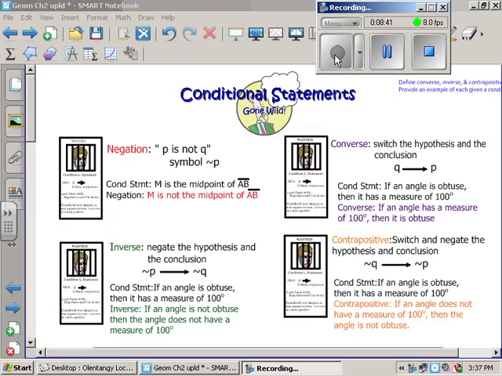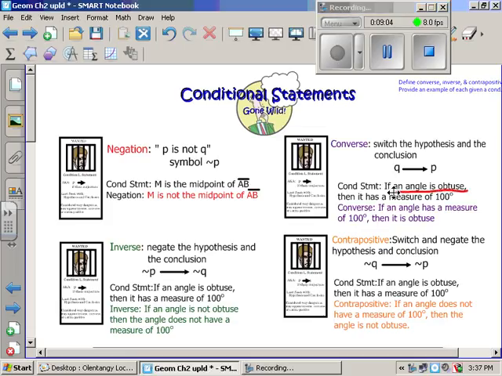Converse is when you take the hypothesis and make it the conclusion, and take the conclusion and move it to the hypothesis. You're basically flipping it. So if my conditional statement is if an angle is obtuse, then it has a measure of 100 degrees. What's the hypothesis, right? And what's the conclusion, right? The converse would take the hypothesis, an angle is obtuse, and make it the conclusion.